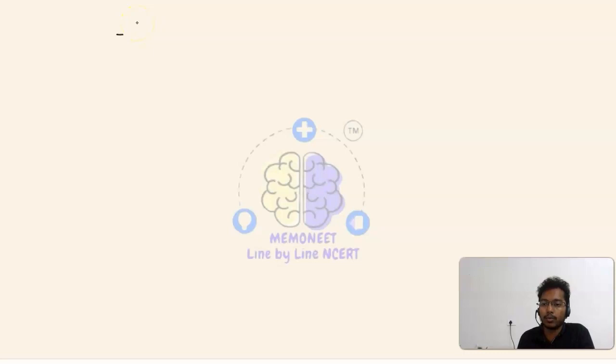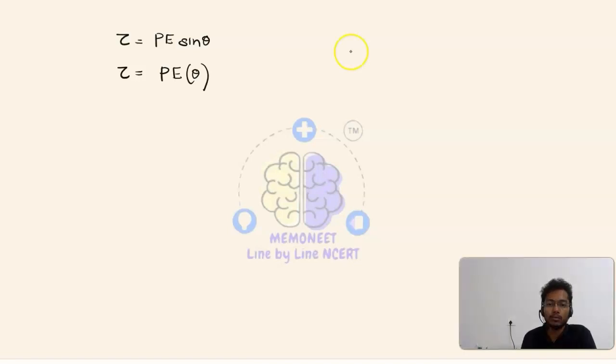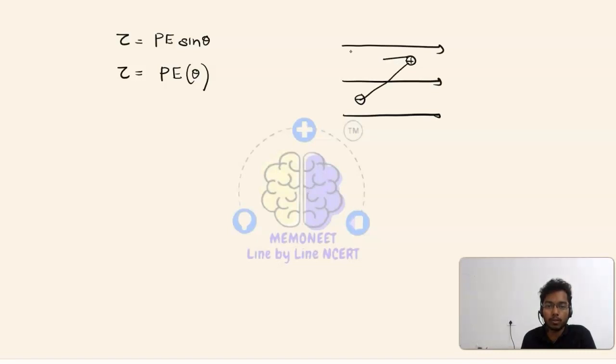Now, we know that tau is equal to pE sin theta. For a small angle we can write tau equal to pE theta. Here we have an electric field, and here is the dipole, positive and negative.